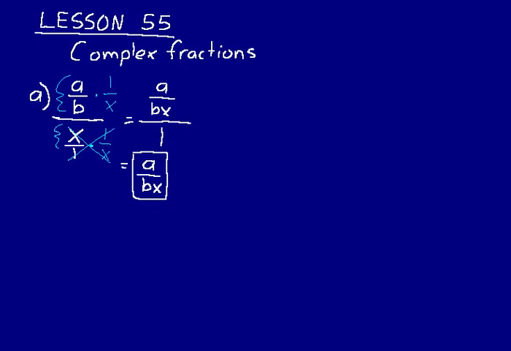We use the numerator, denominator, same quantity rule to achieve the simplification. And we just invert that denominator, multiply above and below by that inverted denominator, and that will simplify a complex fraction.